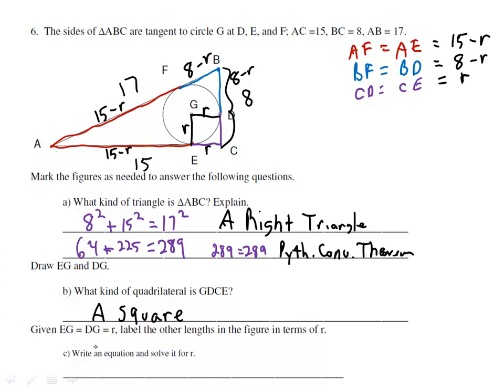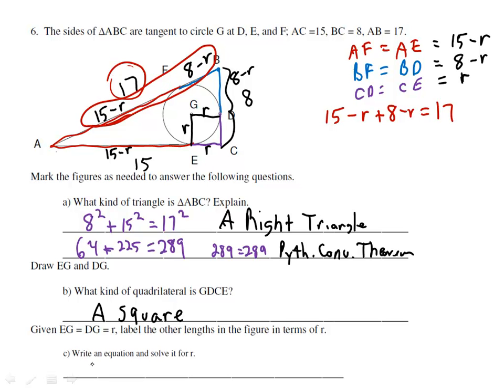We've got two different ways to express this value. We'll just use the hypotenuse for instance. So we've got 15 minus R plus 8 minus R equals 17. And that's the equation that's going to help us figure out what R equals. So we had to get two different ways to express values that were equal to each other, and that's what we've done here.